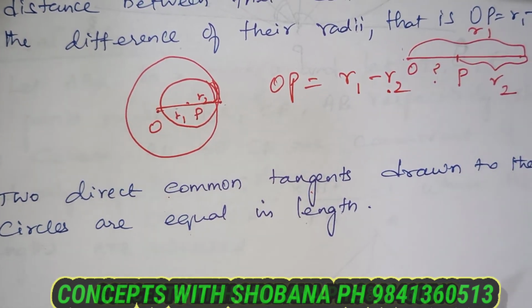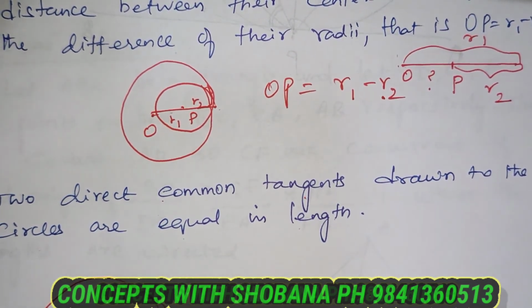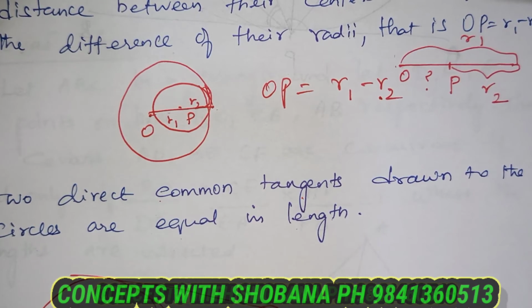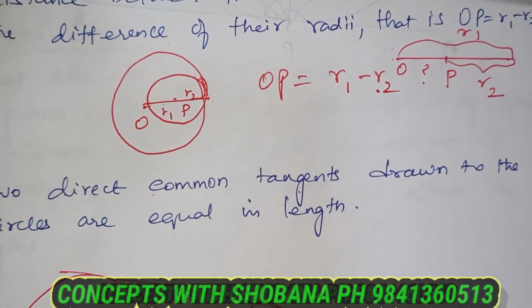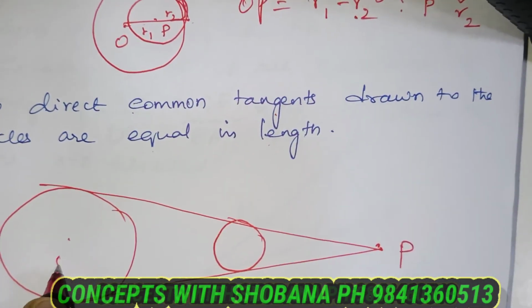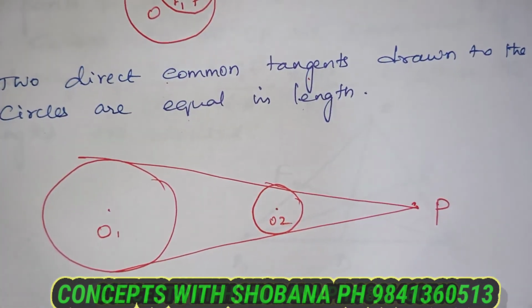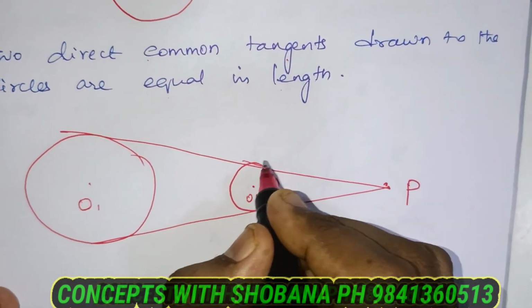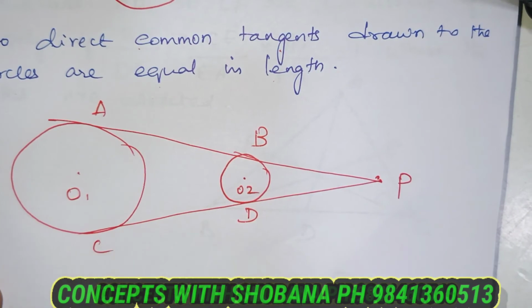What is the two direct common tangents? இப்போ இங்க ஒரு சர்க்கிள் இருக்கு, இங்க ஒரு குட்டி சர்க்கிள் இருக்கு. ஓகே, இப்போ இந்த ரெண்டு சர்க்கிள்க்குமே எக்ஸ்டீரியர்ல ஒரு பாயிண்ட் எடுத்து இப்போ நான் வந்து ஒரு டான்ஜென்ட் வரைய போறேன் P வழியா. பாருங்க, இதோட சென்டர் O1, இது O2 வச்சுக்கலாம். ஓகே, அப்போ இந்த ரேடியஸ் வந்து இது டச் ஆற பாயிண்ட் வந்து BD AC.